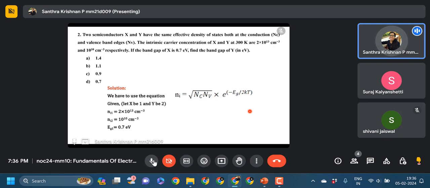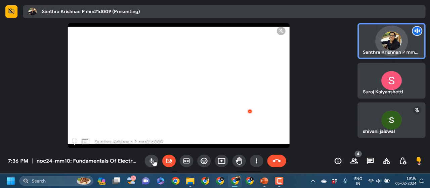These are the terms given to you. Suppose X is 1, Y is 2. Ni1 is given, Ni2 is given, Eg1 is also given. And Nc and Nv are equal, right? So this is how you have to write it down.